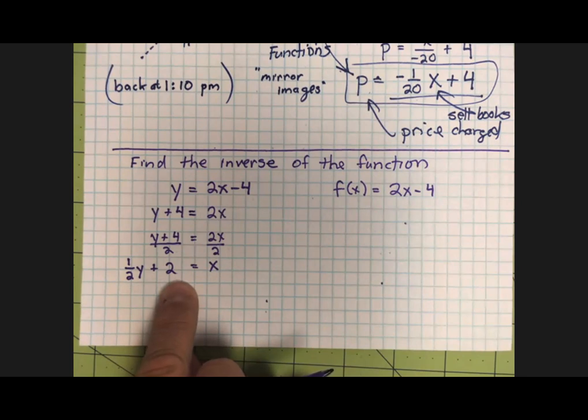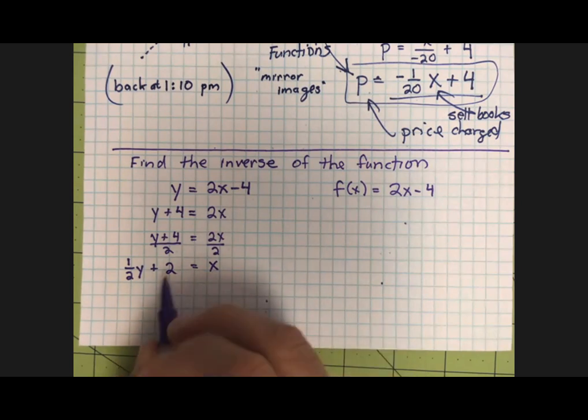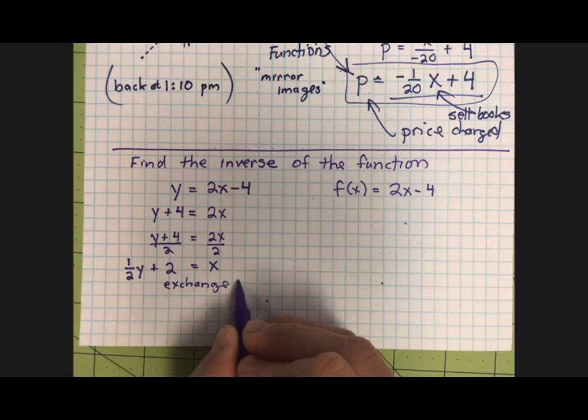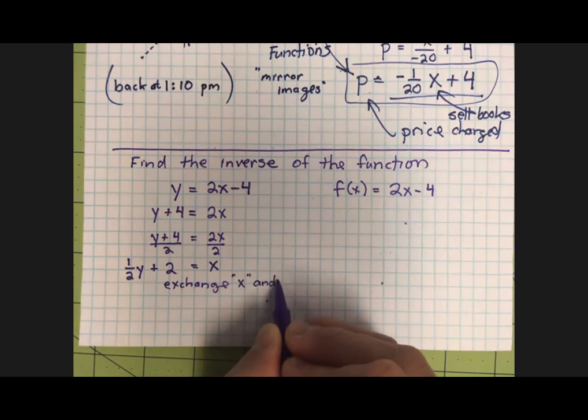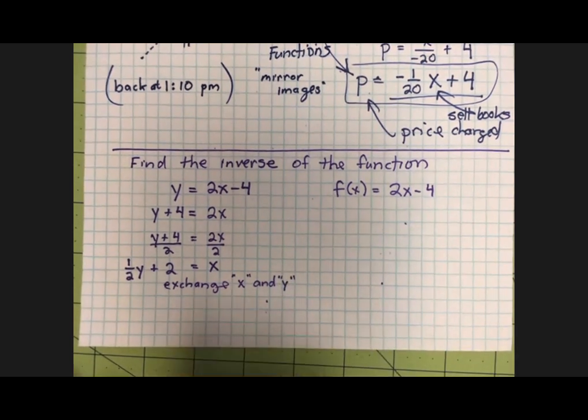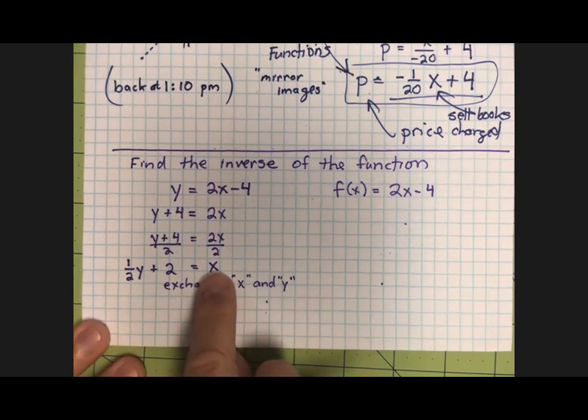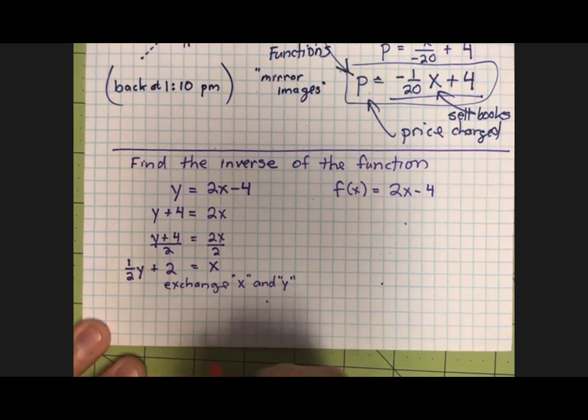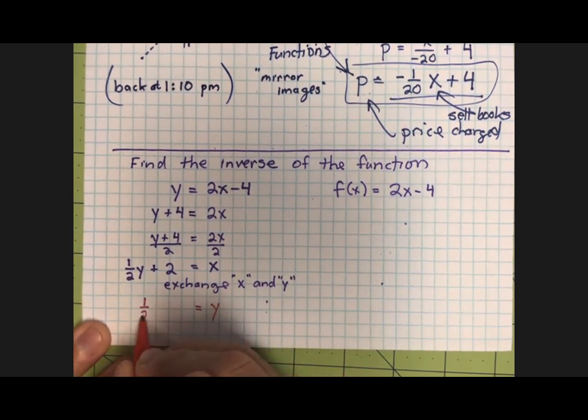But I want to emphasize that mirror image thing that happened to us. So I can draw this both on one graph. Let's exchange the x and y. So I write this not as x equals 1/2 y plus 2, but y equals 1/2 x plus 2.